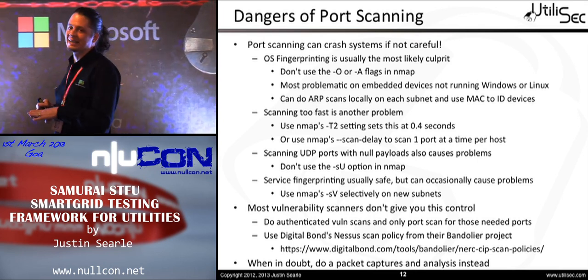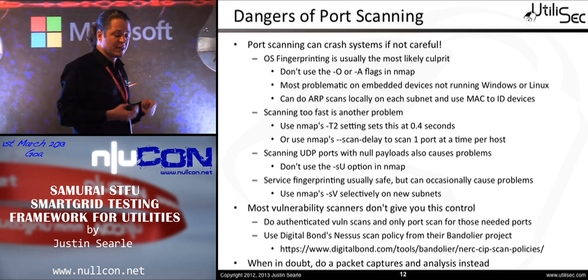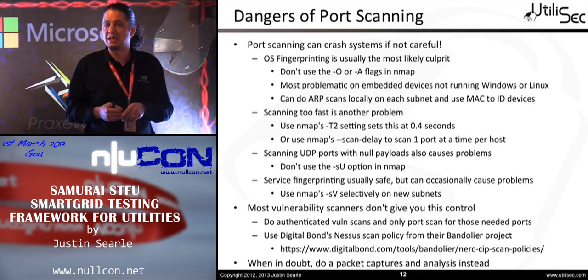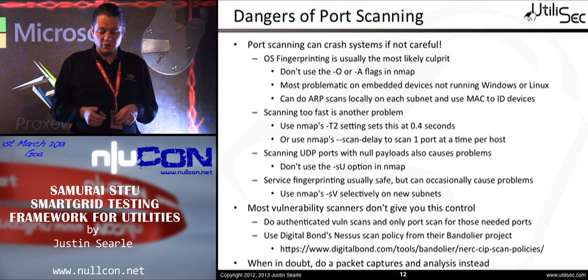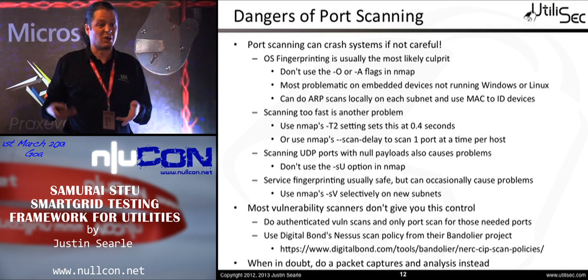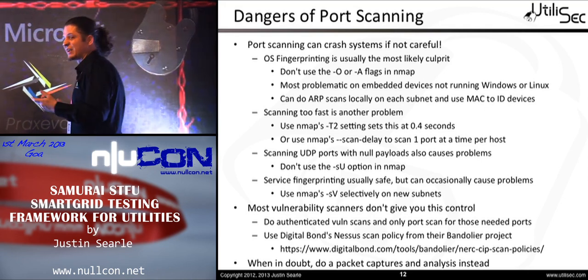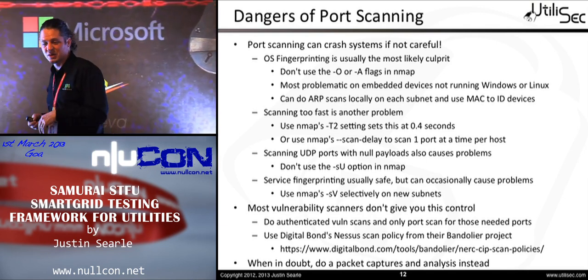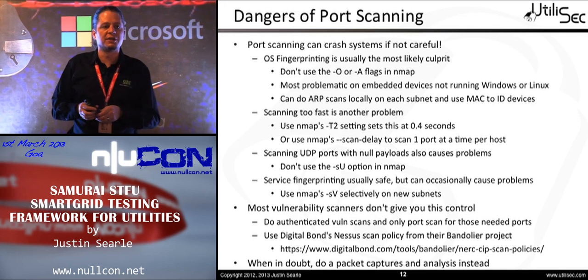Trying to avoid sending empty UDP packets because many of the protocols inside of the control center run on UDP, and often don't understand if you send a UDP request to it and there's no payload, kind of like how Nmap always sends the UDP scans. It freaks out. It doesn't understand what's going on and it might crash. Okay, so giving that type of advice and giving the warning, service fingerprinting usually works, but be careful with it. So these are different types of advice that we're trying to give.